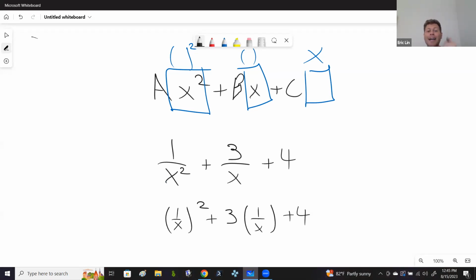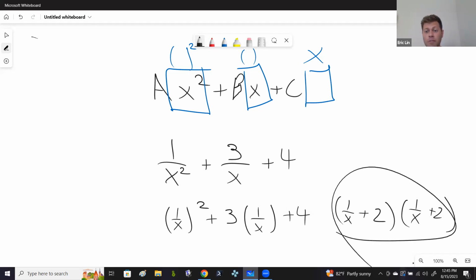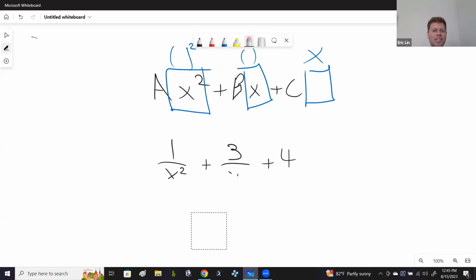So I could still factor this as a quadratic, and you guessed it, it will factor into some ugly stuff, like 1 over x plus a number, plus or minus. Oh, you know what? Actually, does this one factor? No, it doesn't. Never mind. But it's close. Well, you get the idea. So pretty much everything stays the same. It's just what you end up putting in place of x that changes.